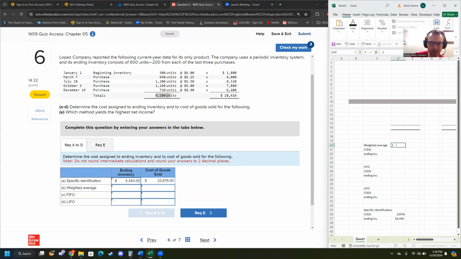So 28,416 divided by 4,100. Equals, I don't use Excel for calculations a lot. I should probably, but I haven't lately. Did in my Excel class, which was helpful. All right, 28,416 divided by 4,100.